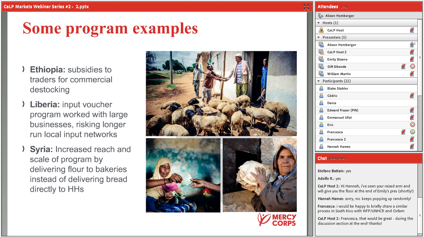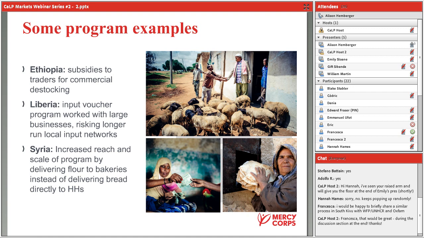An example from Liberia, post-Ebola, and this is a lesson learned. We wanted to do an input voucher program to make sure that households could access inputs for the growing season. However, when we worked with large businesses, we risked undermining the longer-run local input networks that were maybe weak and fragile, but those small businesses were critical for economic recovery and were typically the places that people went to buy inputs.